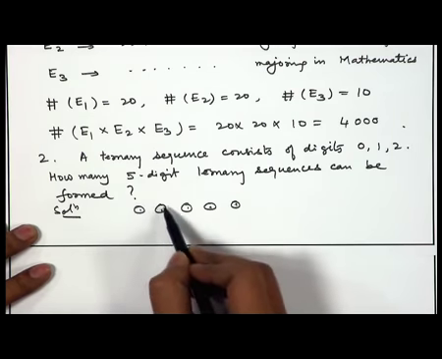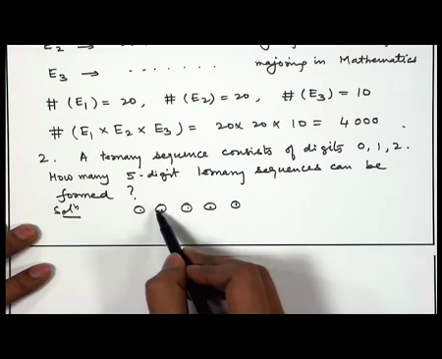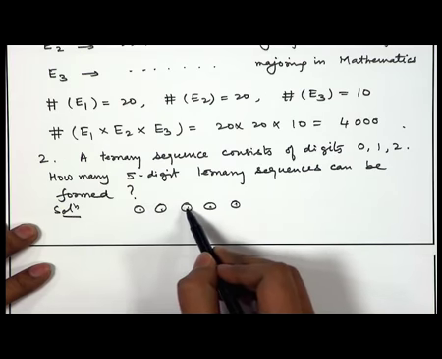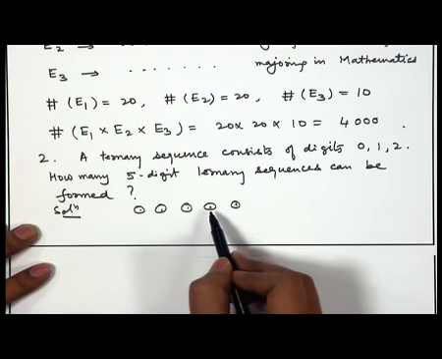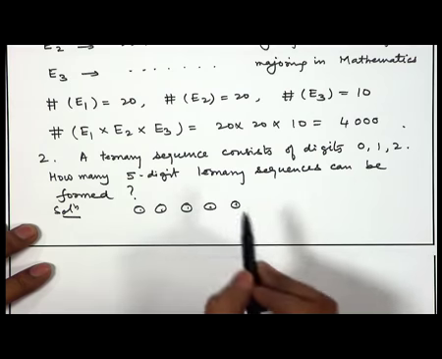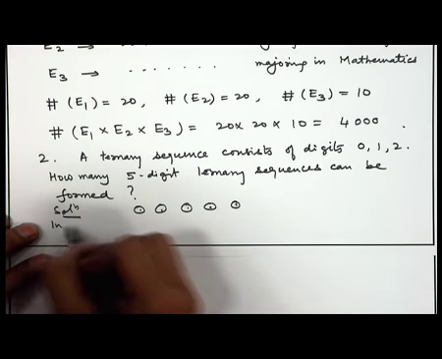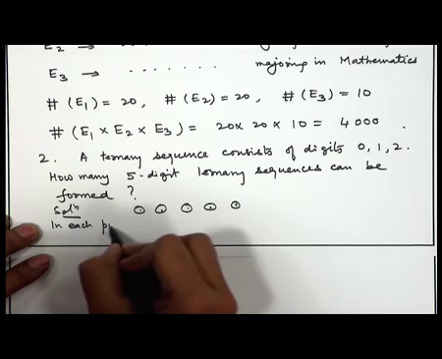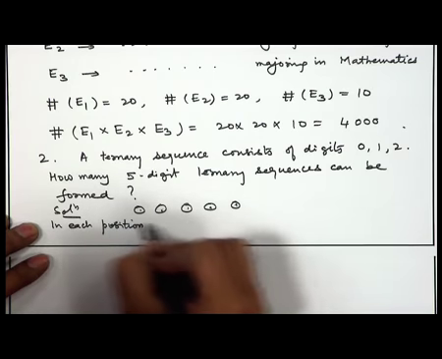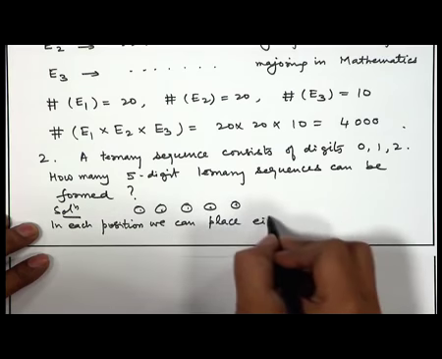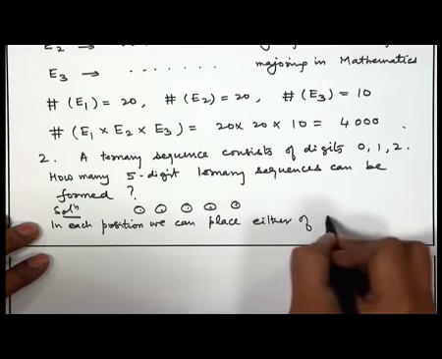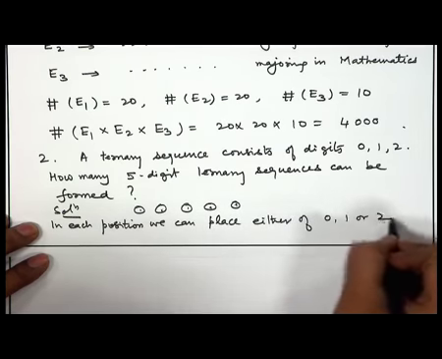In the second place also I can put either of 0, 1, 2. In the third place also I can put either of 0, 1, 2. In the fourth place and in the fifth place also the same logic will be repeated. So, in each position we can place either of 0, 1 or 2.